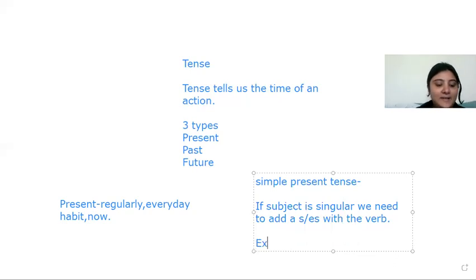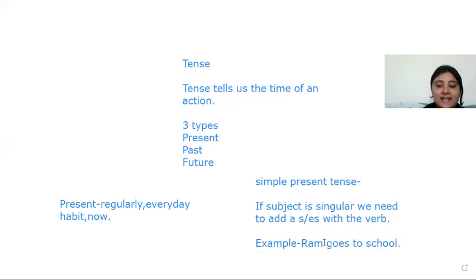For example, if I am saying Ram goes to school. In this sentence, who is the subject? Ram is the subject.